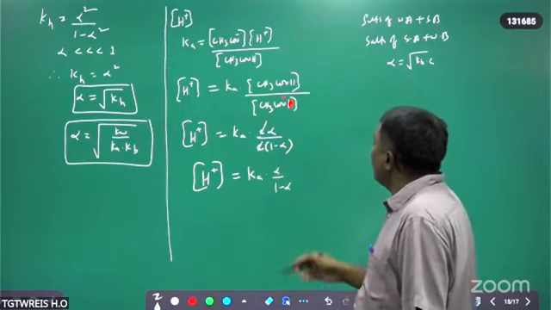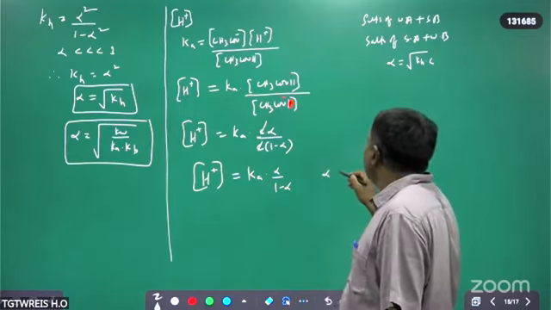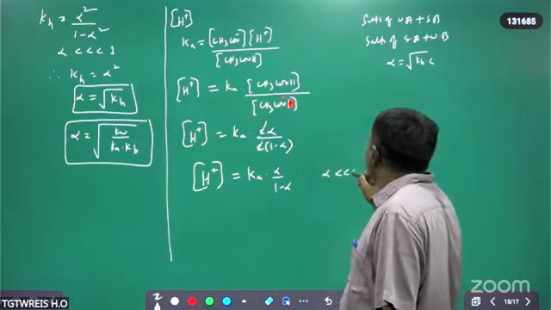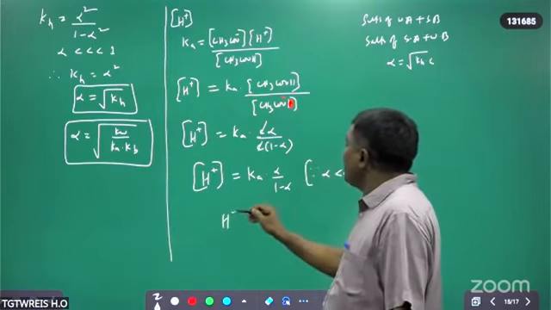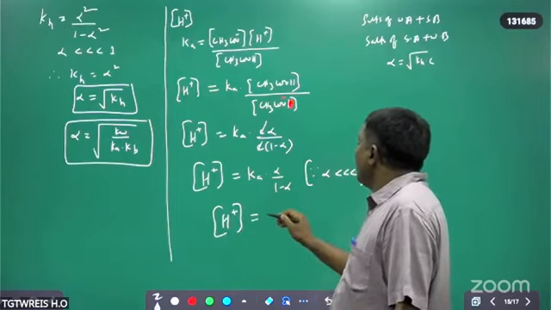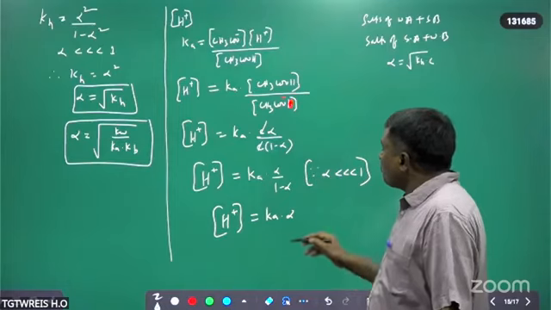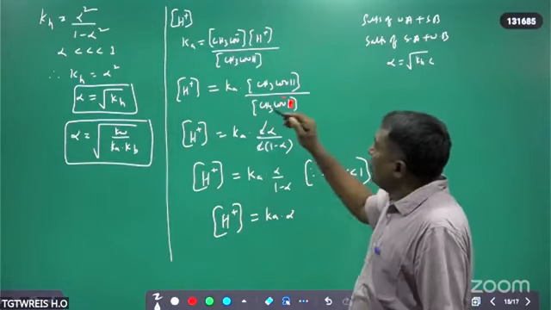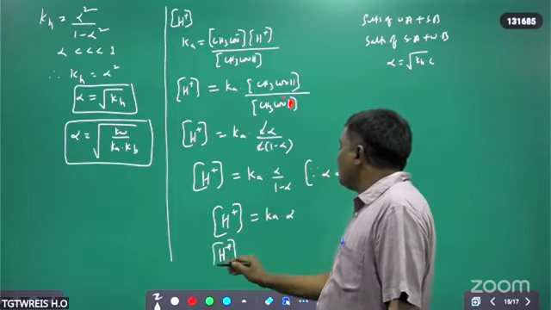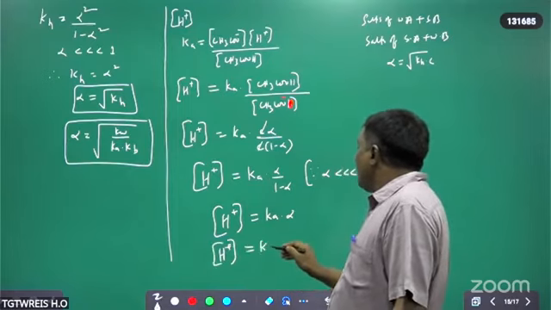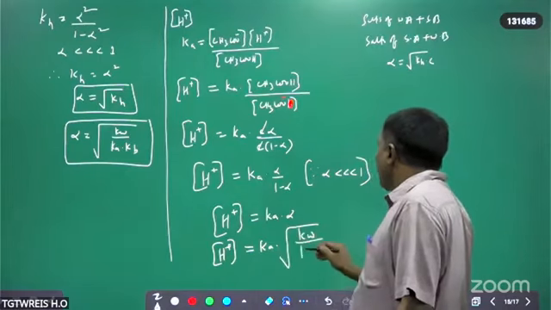Actually, alpha is very small, so alpha is very much less than 1. Therefore, H plus ion concentration is equal to Ka into alpha. Now, what is alpha? We already deduced this equation: alpha is the square root of Kw by Ka into Kb.